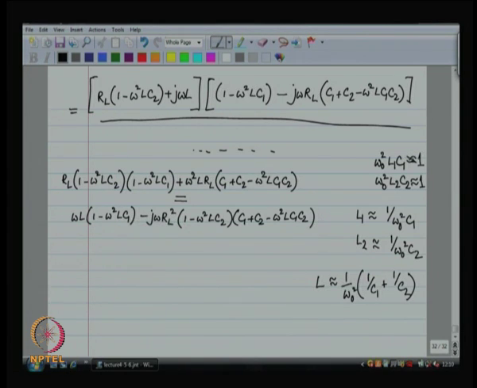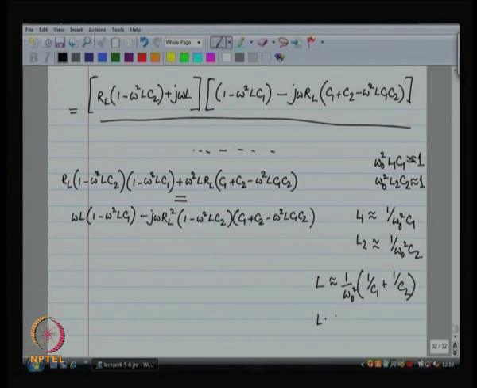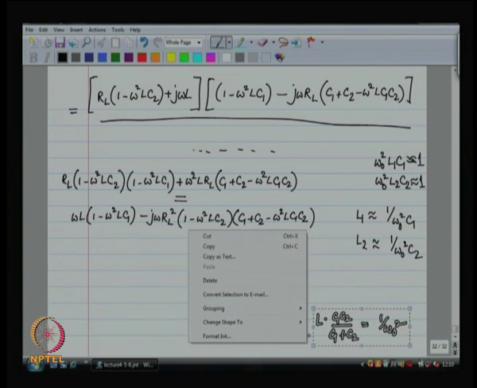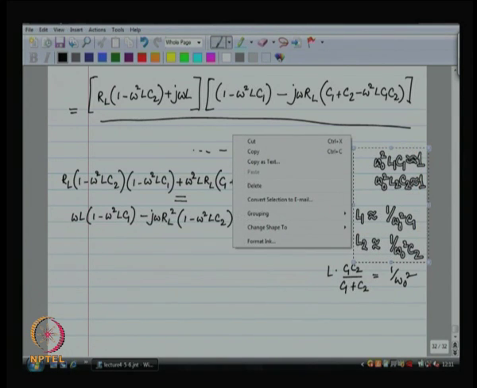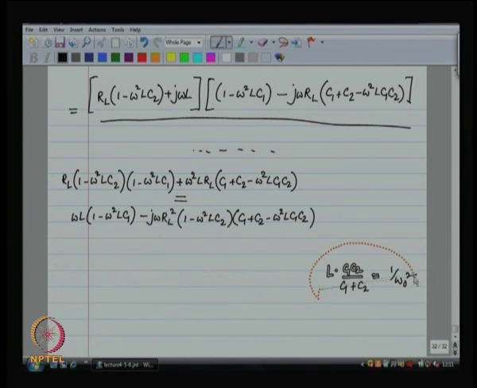So, it is almost like C1 in series with C2 has to resonate with L. Something like this. Of course, assuming that Q is large. Okay? Assuming that Q is large. Okay. So, what is this quantity in that case?